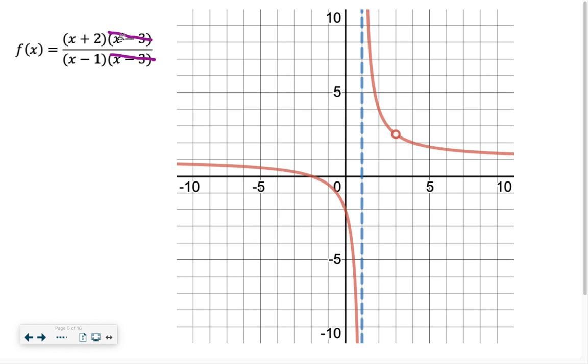But one extra thing that happens is I have a hole right here at x equals 3. The graph isn't defined at that single point. So if I'm able to cancel out common factors, I would graph whatever's left, but I need to make sure I include a hole at that specific x value.